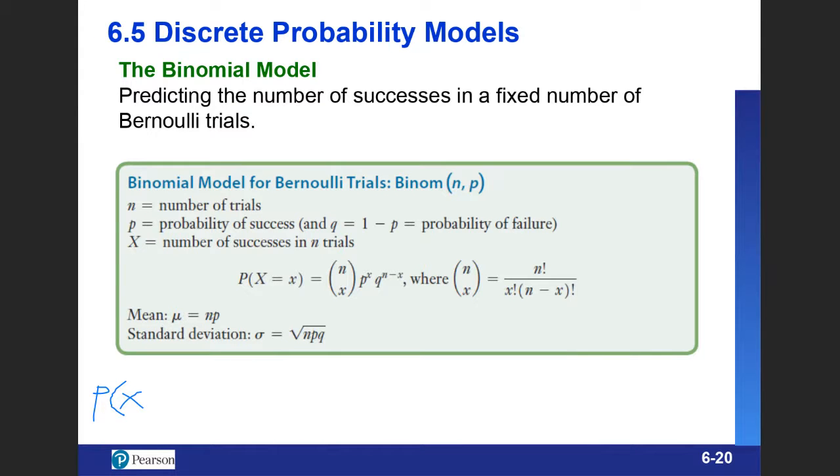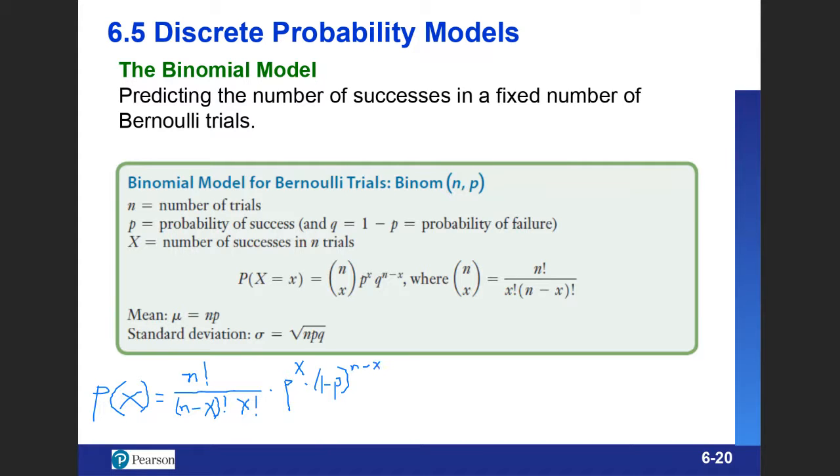So if you had to find the probability of a specific number of successes, and you know you're dealing with a binomial distribution, the formula says the numerator starts with n factorial divided by n minus x, the whole thing factorial, times x factorial, times p raised to the power x times 1 minus p raised to the power n minus x.